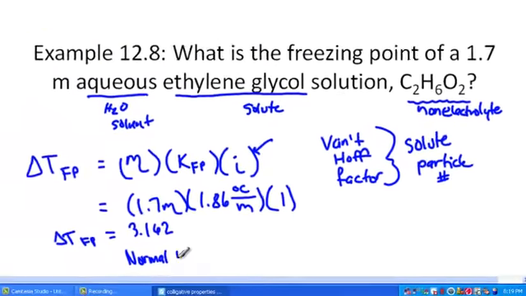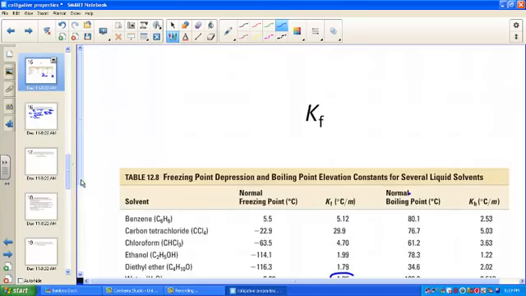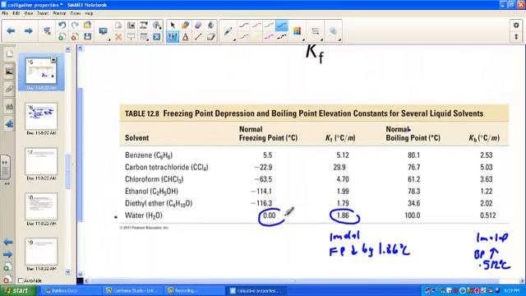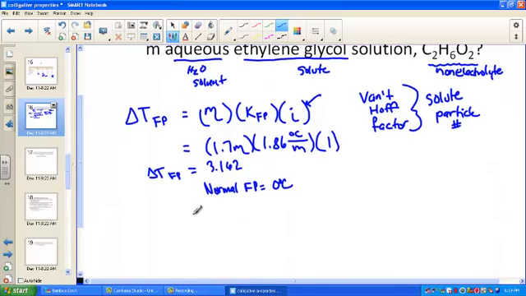We know the normal freezing point of water is 0 degrees Celsius. And again, that was from our previous slide if you didn't know, but I think we do. Water freezes here at 0 degrees. And that might be unique, depending on what solvent you're using, we should know the normal freezing point. And if water freezes at 0, freezing points depress and it depressed by 3.162 degrees.